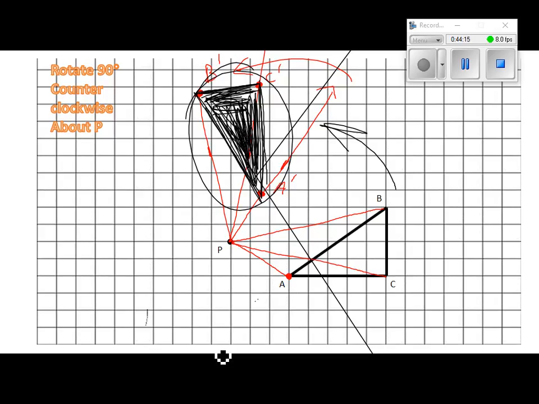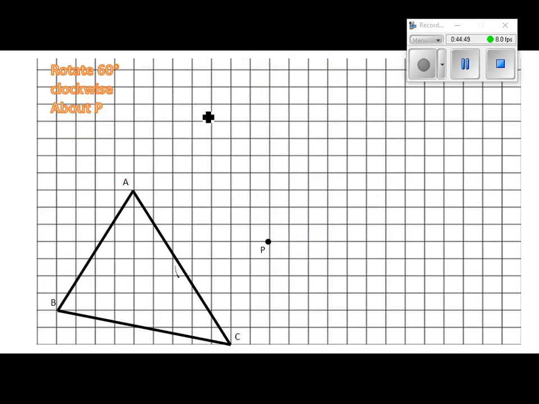But from B to C is different, about 7 inches. Oh, I'm off a quarter of an inch. A to C is also different. But it seriously looks different.